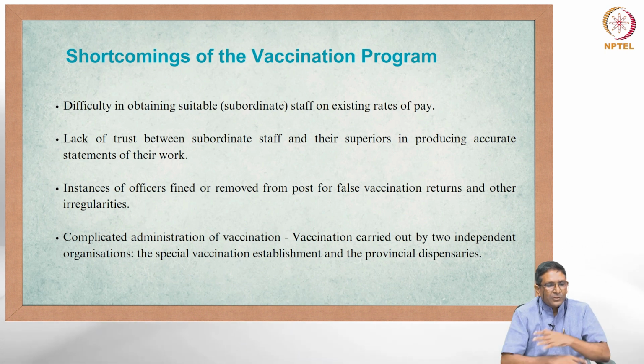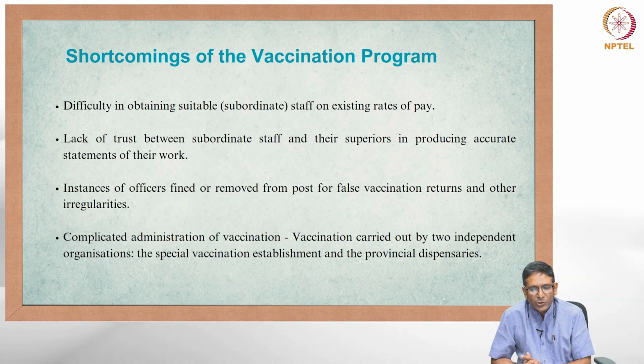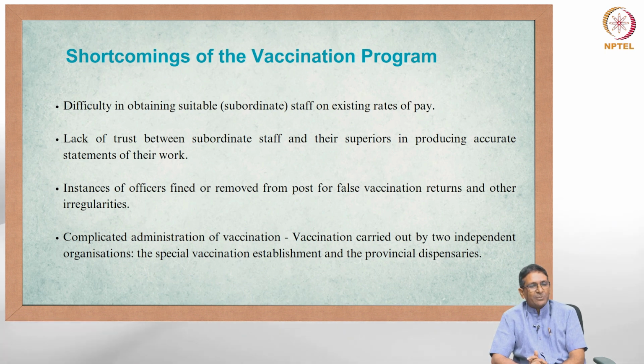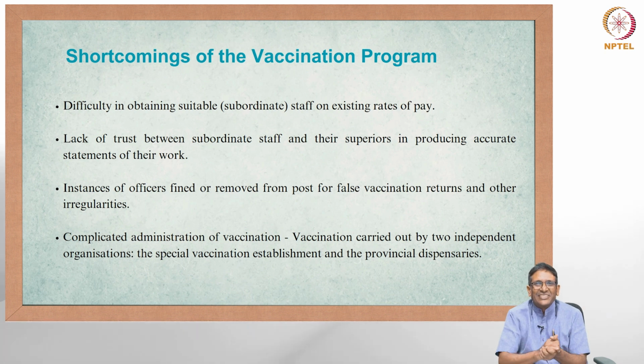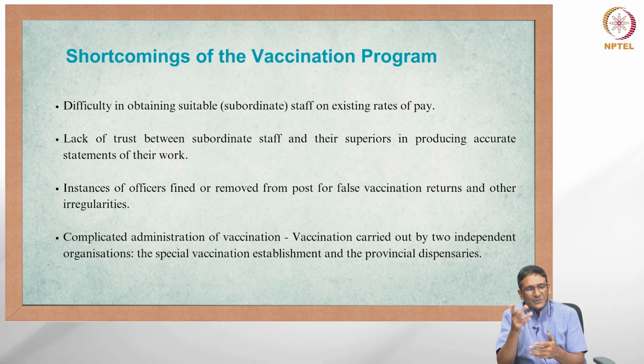And of course, there was a lack of trust between the subordinate staff and their superiors in producing accurate statements of work. There was always that suspicion whether they really did vaccination or were just concocting numbers. There are real instances where even officers were fined, removed from the post or suspended for providing such false vaccination returns and other kinds of irregularities.